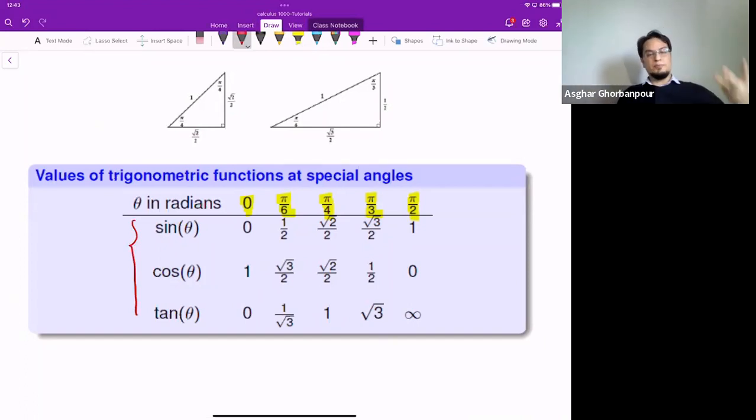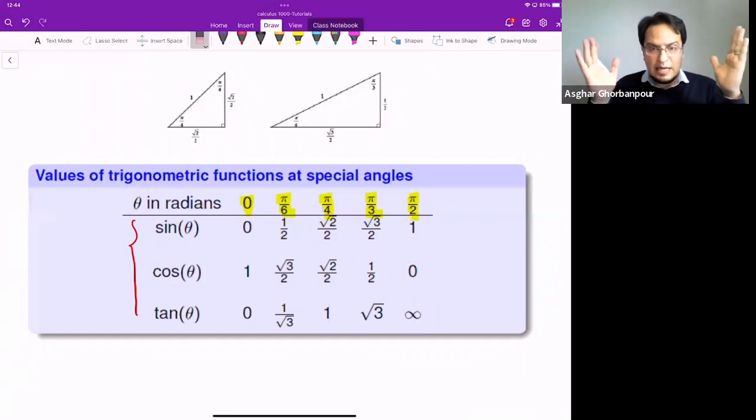You know that the reciprocals of these guys are secant, cosecant, and cotan. So if you know these guys, you know everything else. To memorize the trig ratios of these special angles, there is more than one way. This table you have to have in mind.